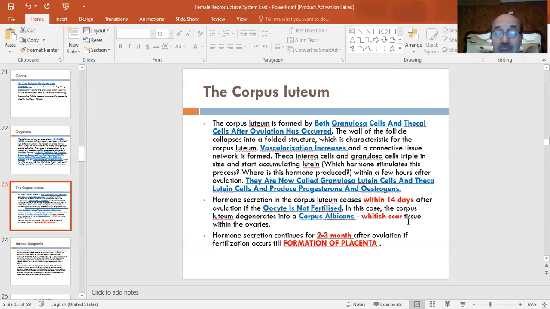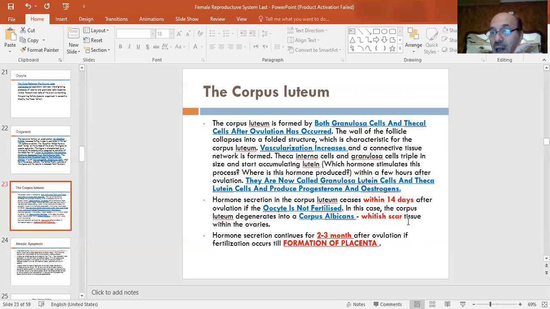Why is that? Because the endometrium, that we're going to talk about in a while, that lines the wall of the uterus, where implantation takes place, we have to maintain its thickness. If the hormonal level falls, then there will be sloughing of that endometrium, which we call the stratum functionalis.